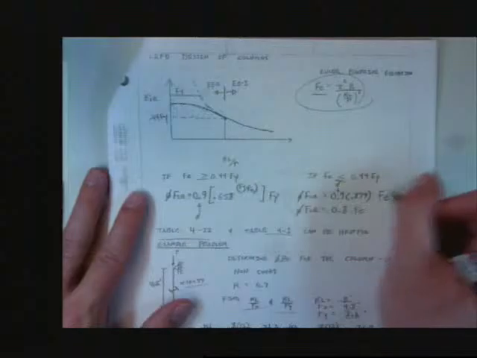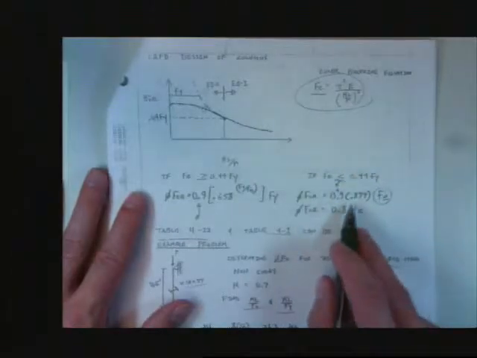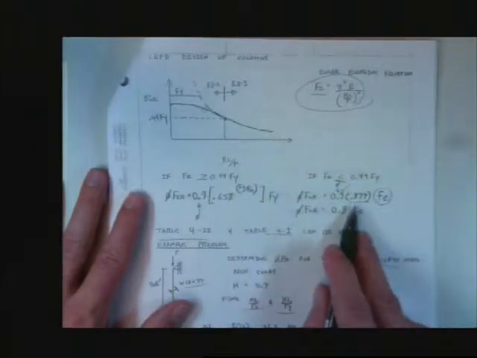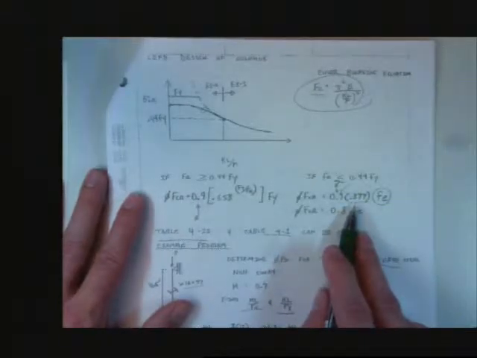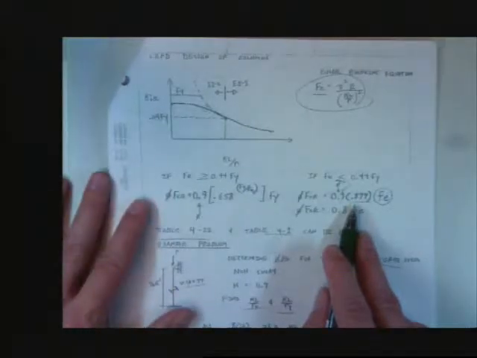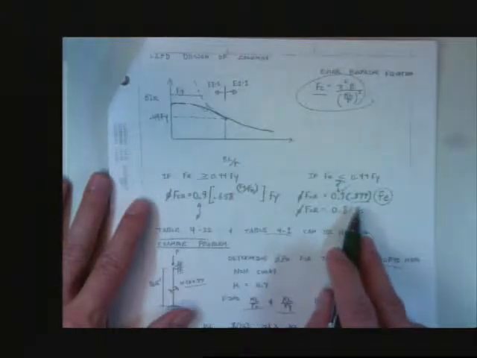This equation is basically your F Euler equation with a couple of safety factors in front of it. This is your phi factor, which is 0.9, and this is an imperfection factor, 0.877. They're assuming a certain amount of imperfections. So if you build your columns to meet AISC out-of-plumbness tolerances, then you will meet these assumptions, and you can use this factor.